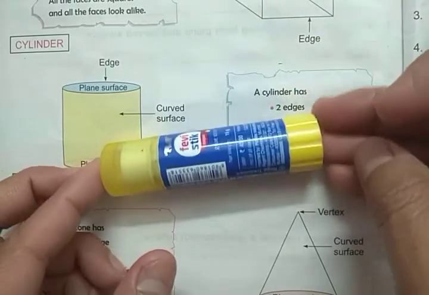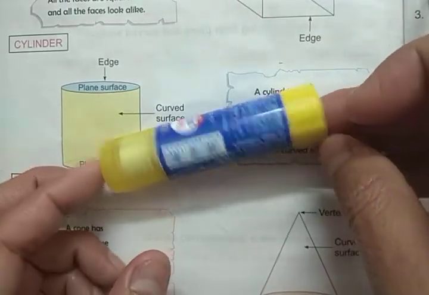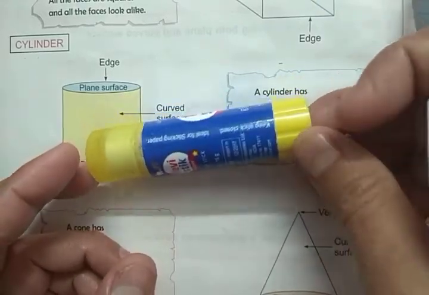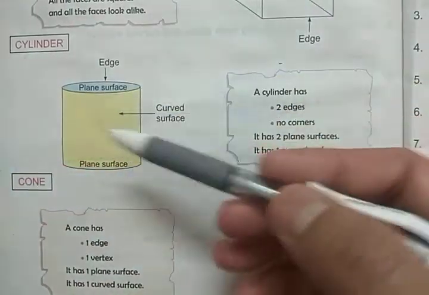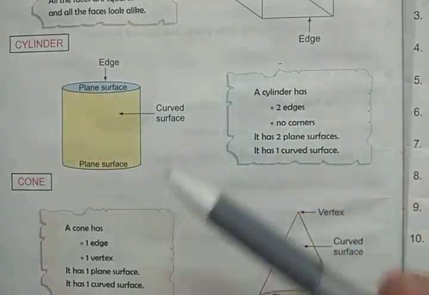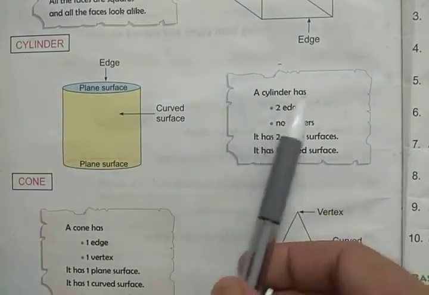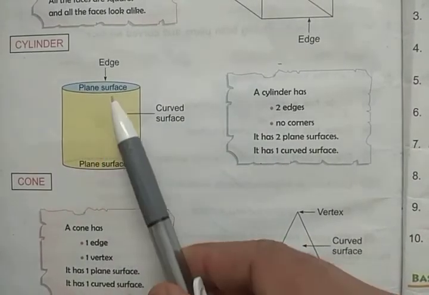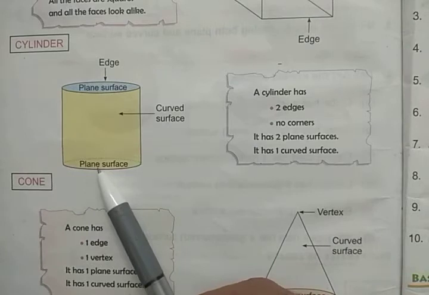Now do you see any corner or vertex in a cylinder? No, there is no vertex, no corners. You can see in the picture also. So a cylinder has 2 edges, one at the top and one at the bottom.